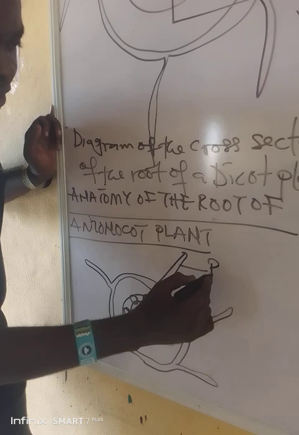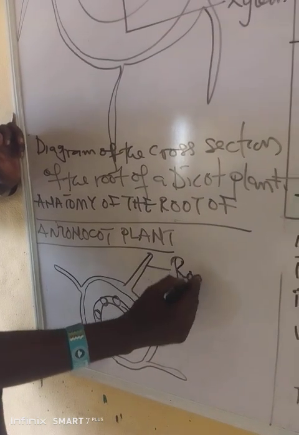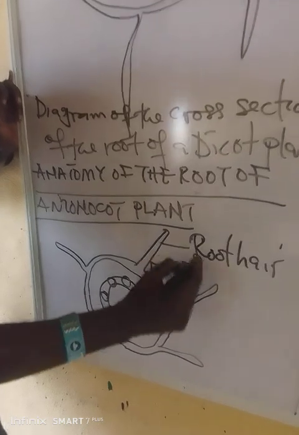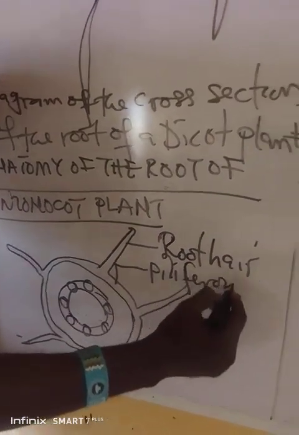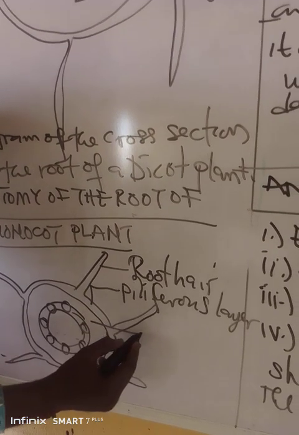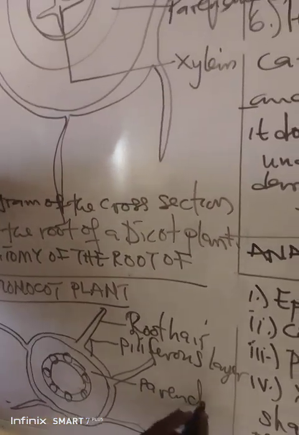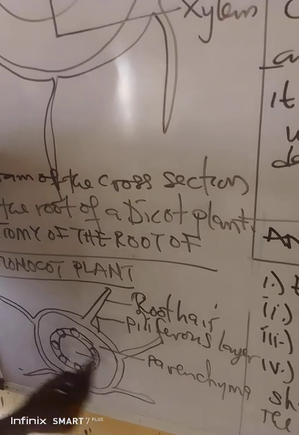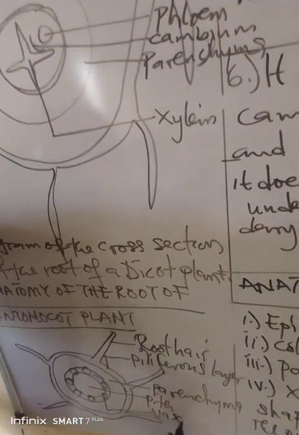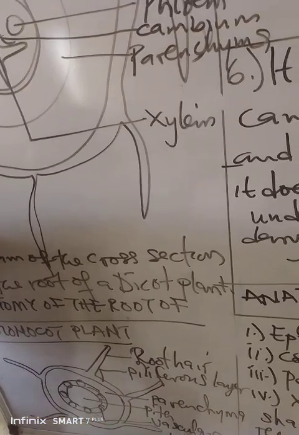Sorry, sir. This is the root hair, while this is the piliferous layer. This is the parenchyma. This is the pith, while this is a vascular bundle.